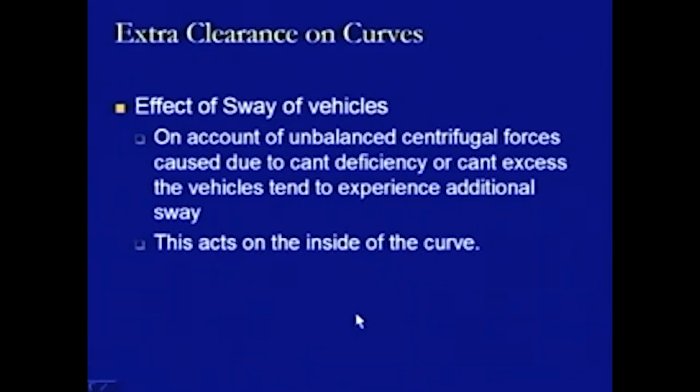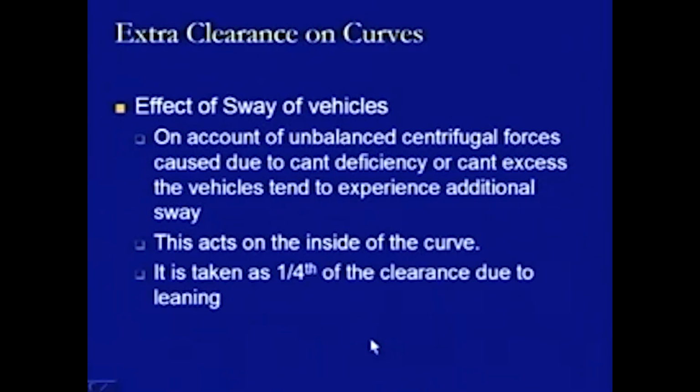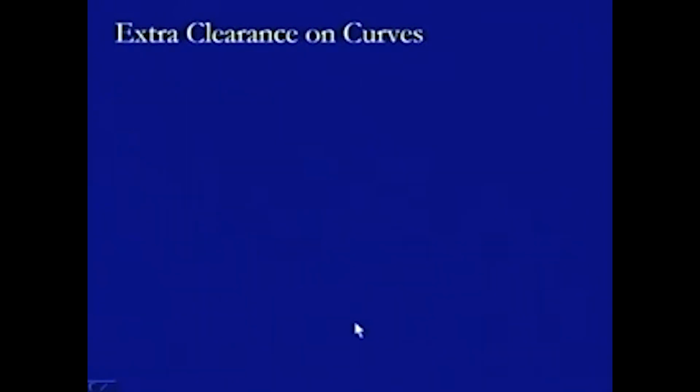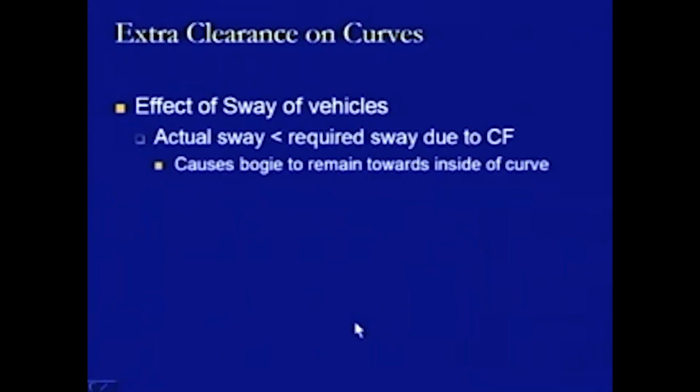Mainly the effect is coming more on the inside of the curve, and this is taken as 1/4 of the clearance due to leaning. This is the amount by which clearance is to be provided in the case of a sway of the vehicle. With this effect of sway, what we found is that the actual sway is less than the required sway due to the centrifugal force.